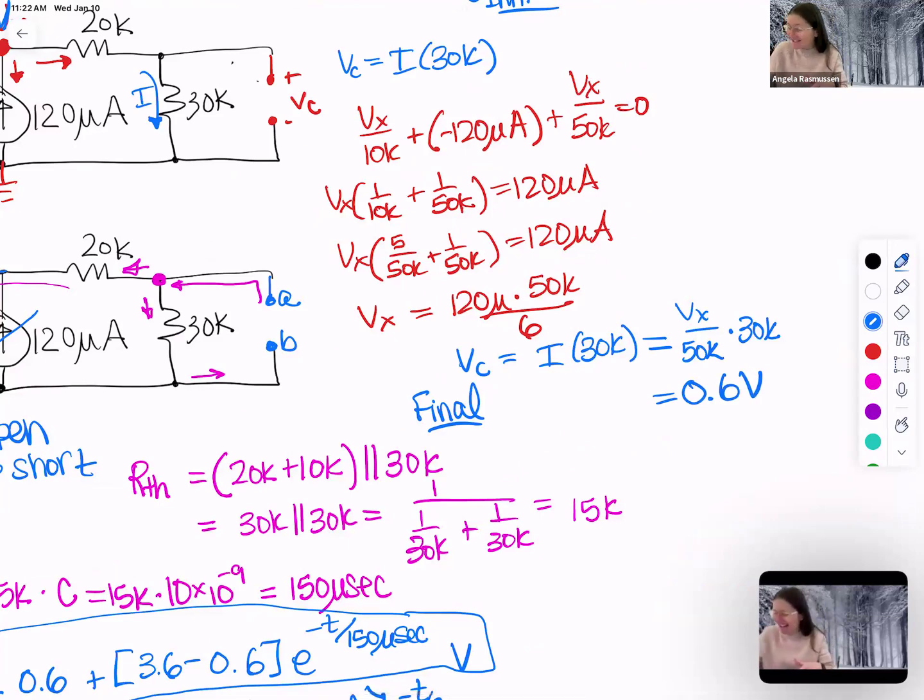Okay, thanks for catching that. I forgot to do that extra step. So this was only VX, and then we needed to use VX to find VC. Yeah, didn't write that out all the way.